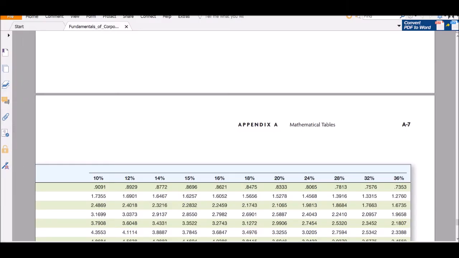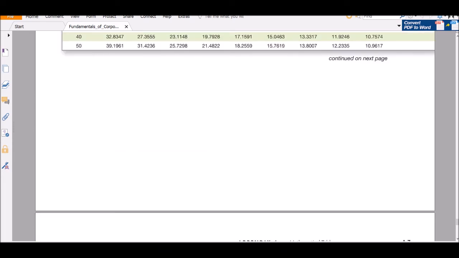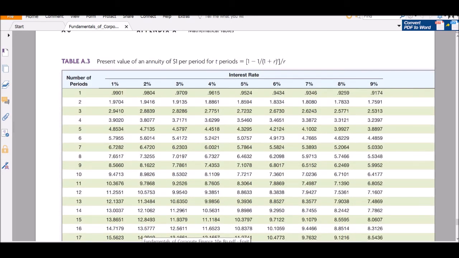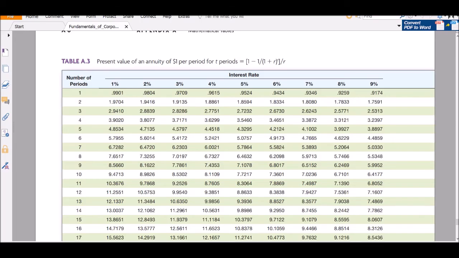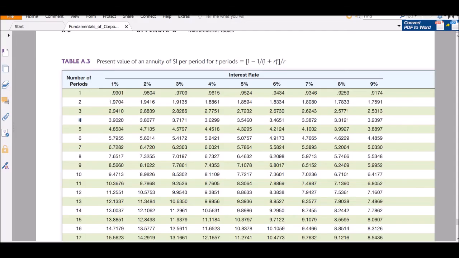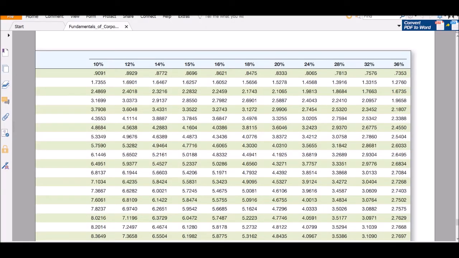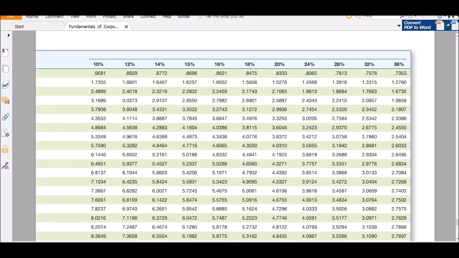There is a table at the end of our book, table A.3. This is the present value of annuity table for $1. There are periods, and we are looking for 4 years and 20% interest rate. So here is 20%, and 1, 2, 3, 4. This is the fourth year. So our present value annuity factor is 2.5887.